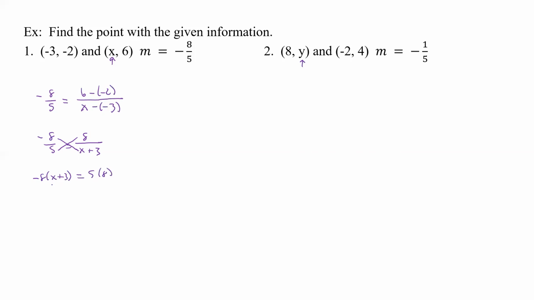Now we're again solving for x, so now we do a distribution, and that one's easy distribution. So we have negative 8x minus 24 equals 5 times 8, which is 40. Now if we add 24, that gives us negative 8x equals 64.